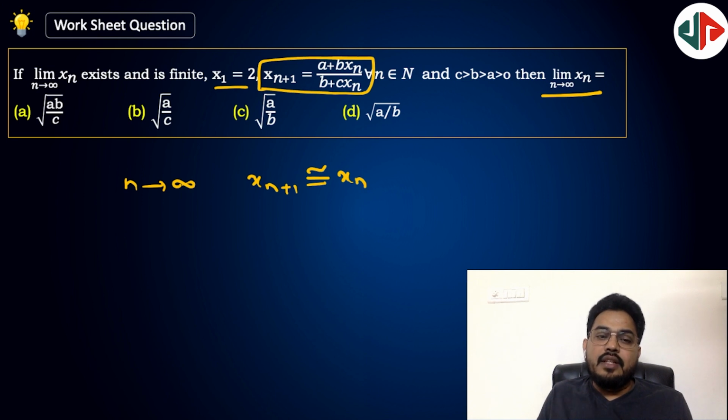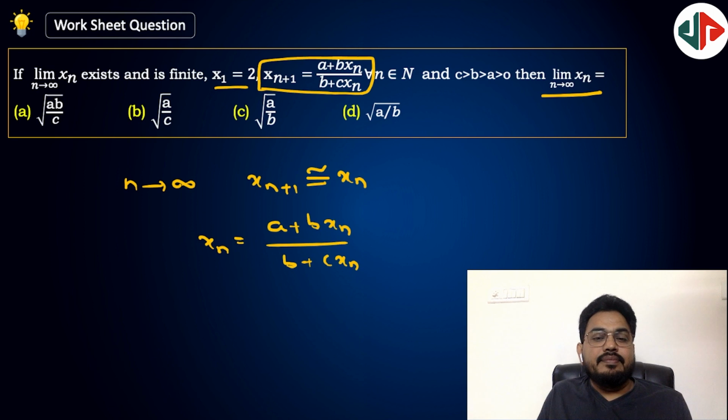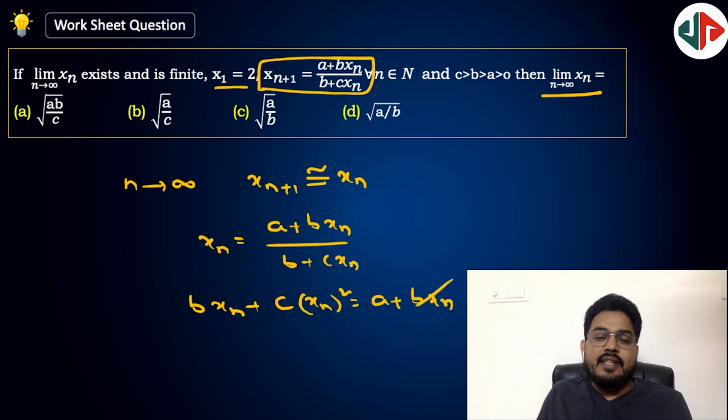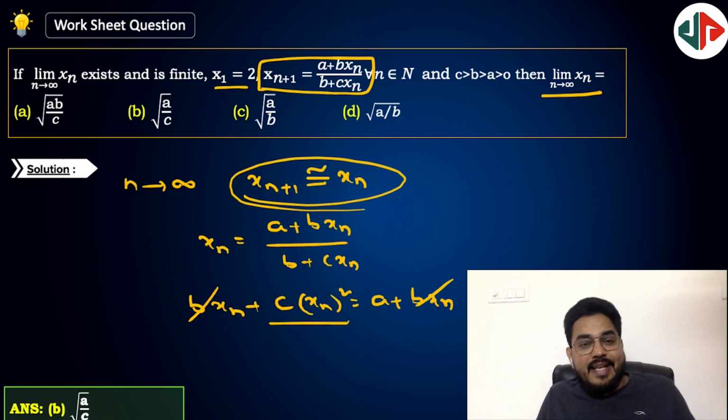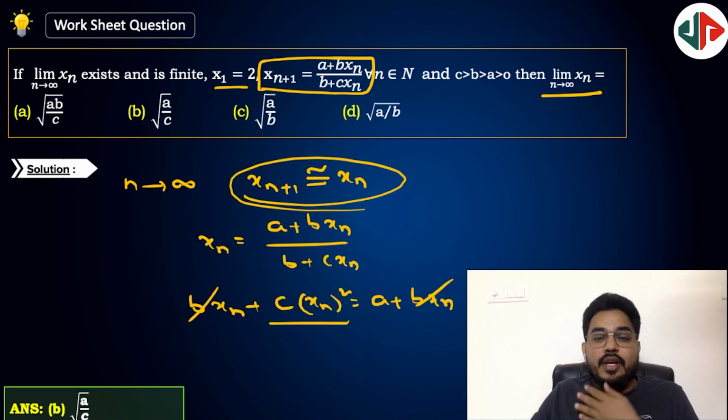So here you will be getting xn is equal to a plus bxn by b plus cxn. So bxn plus cxn whole square is equal to a plus bxn. This cancels. So the answer is equal to a by c. So as n tending to infinity, xn plus 1 is equal to xn. This is a very important one.